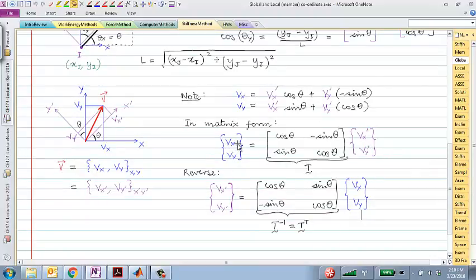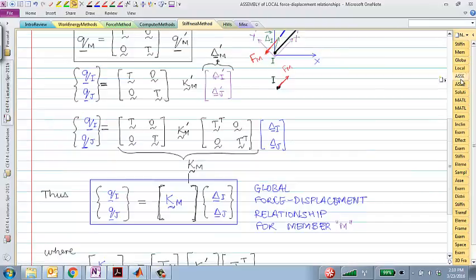If you want to transform a matrix from local to global, you pre-multiply that with T, and post-multiply that with T transpose. This is something that happens very often for transformation of vectors and matrices.